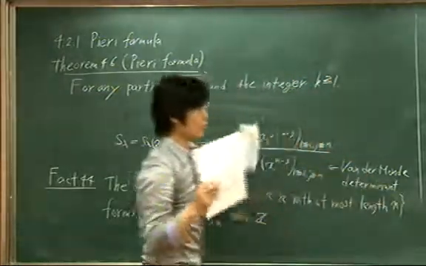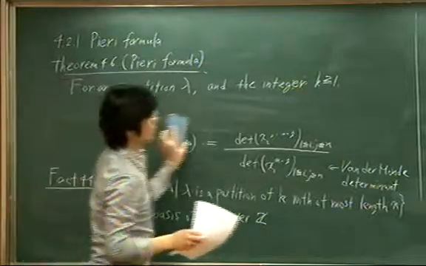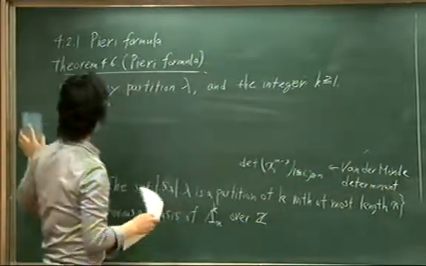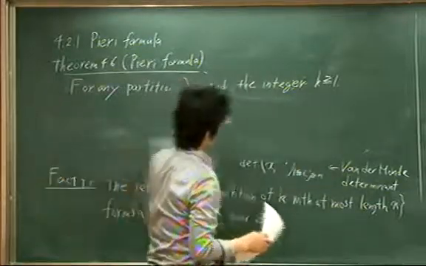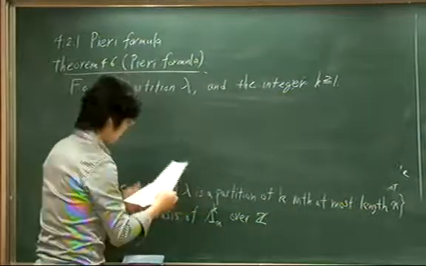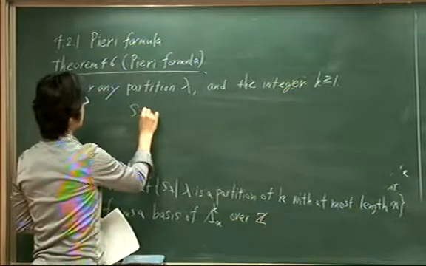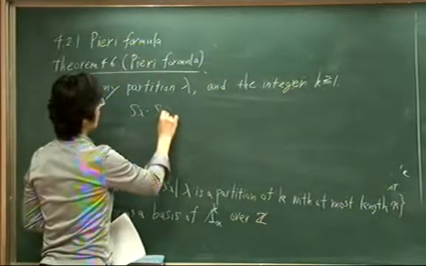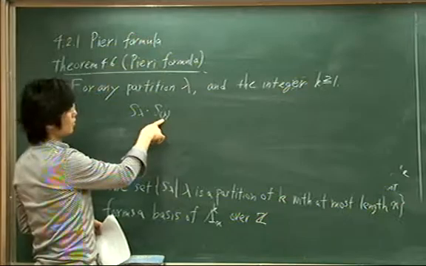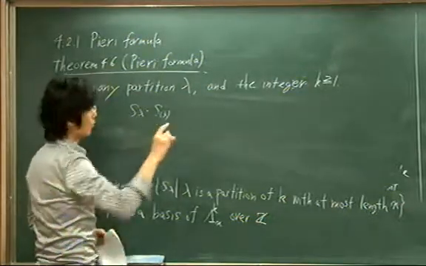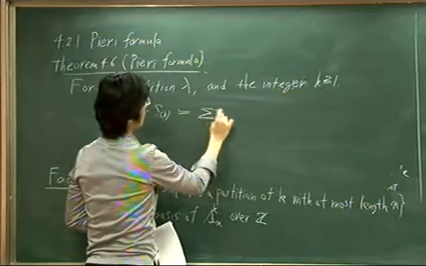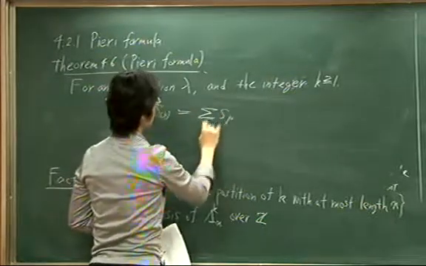Since we are considering all partitions, there is no restriction about the partition. The product of two Schur polynomials S lambda and S k, k being the partition corresponding to one row, is in fact a sum of S mu.